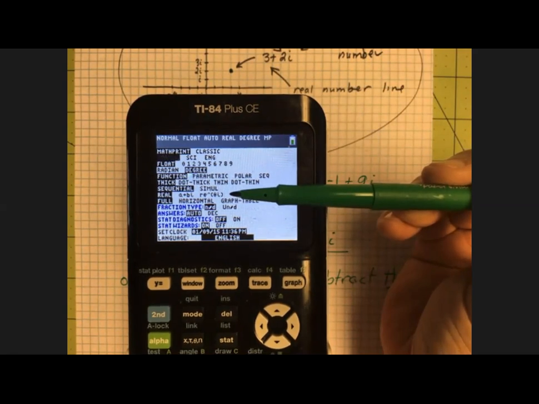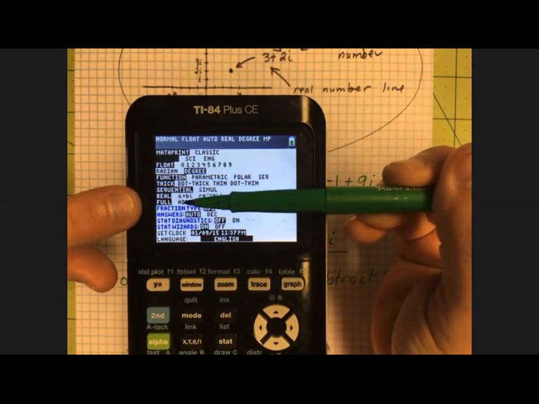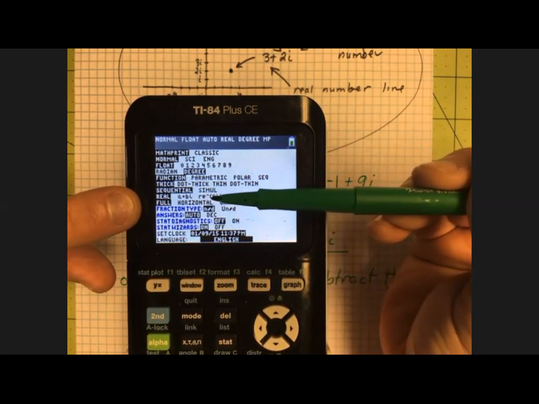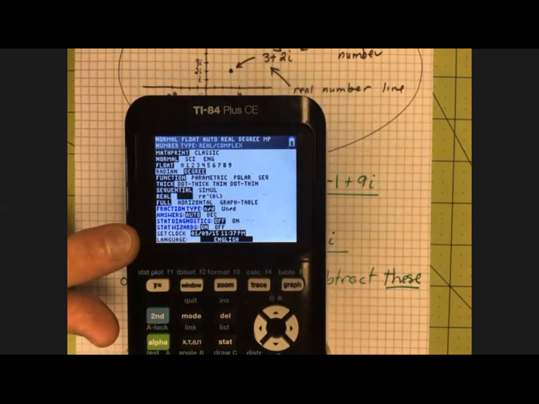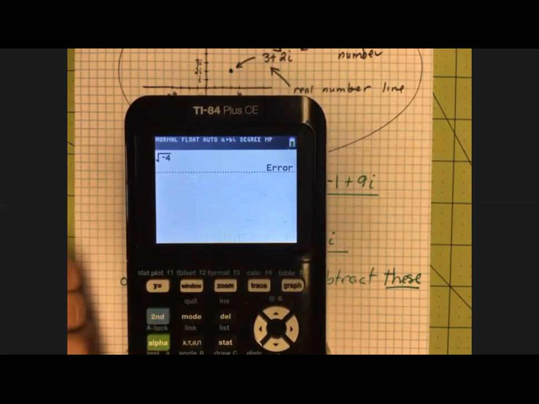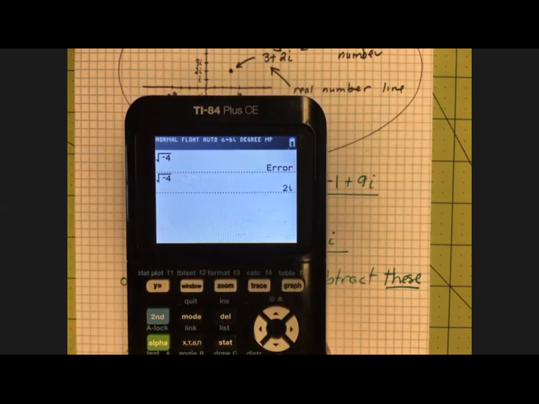Your calculator's in real mode. But look at the next thing next to it, a plus bi. Your calculator does recognize complex numbers. If you adjust your calculator, say put it in complex mode, like that, and then ask it what the square root of -4 is, surprise, the calculator says 2i.